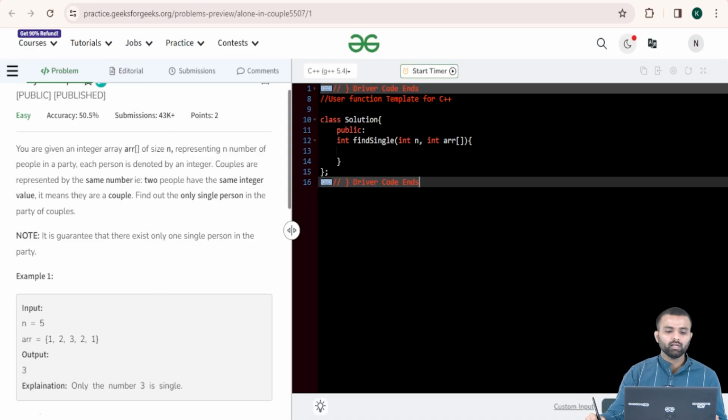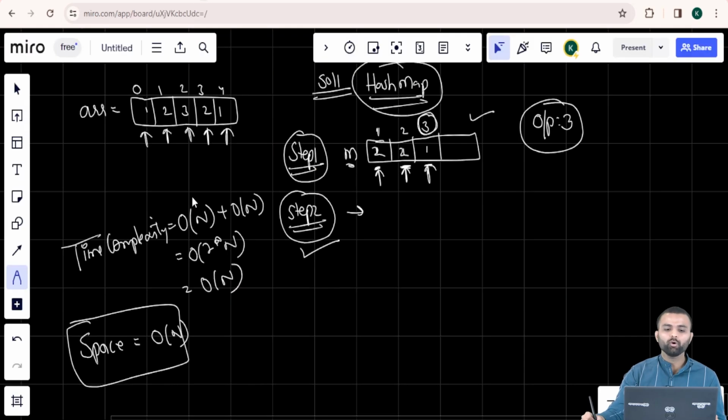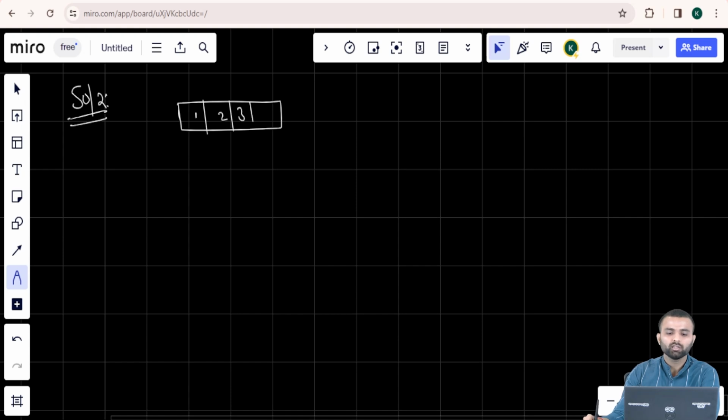But if you see the constraints, we have to solve this question without any extra space, meaning constant space. How can we solve this? So let's talk about solution 2. My array is 1, 2, 3, 2, 1. Here we can solve this question with the help of XOR, right?